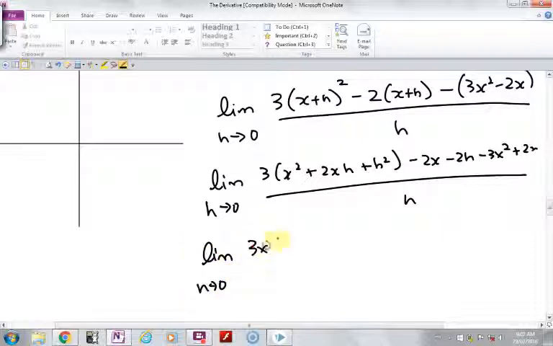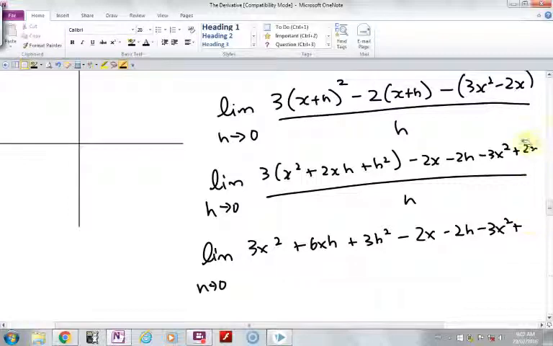So I'm going to have 3x squared plus 6xh plus 3h squared minus 2x minus 2h minus 3x squared plus 2x.